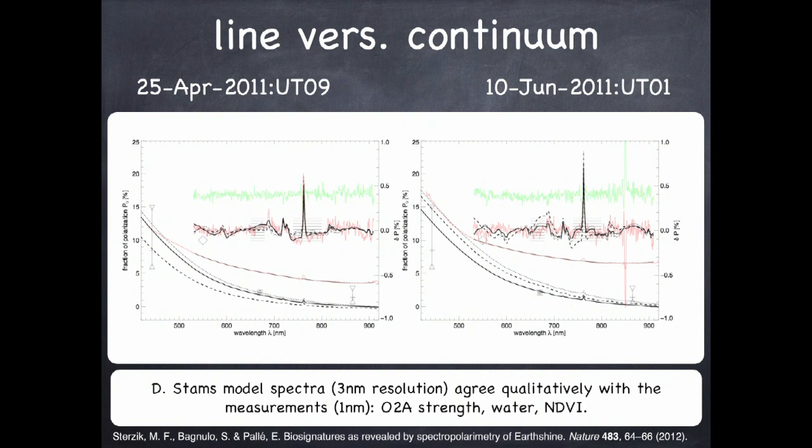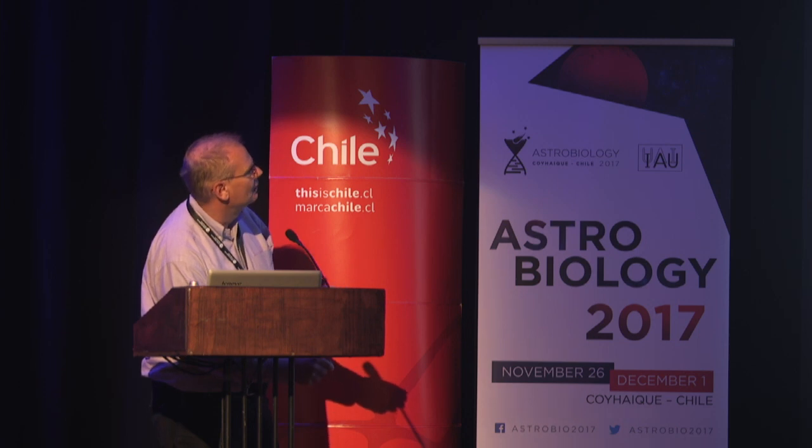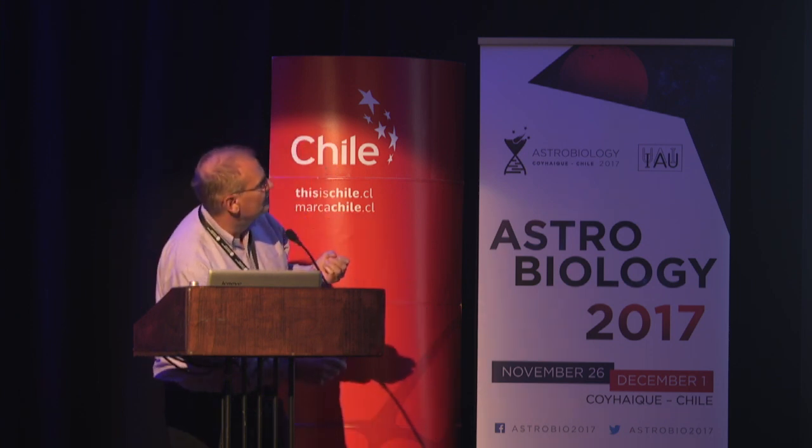Still, what you can do is zoom in, assume a pseudo continuum, and see what is on top of this continuum, the residuals. These are the red lines, again with some models. The green line gives a proxy of the accuracy of the measurements, and that is the scale here.